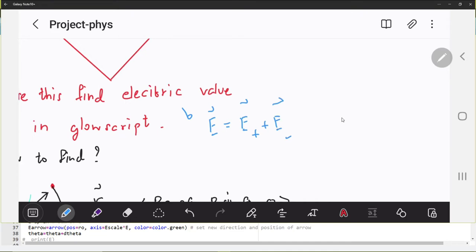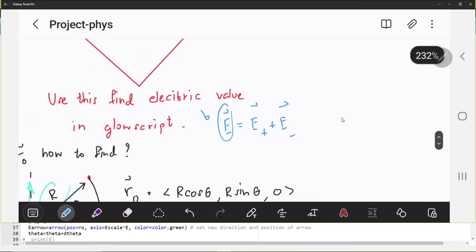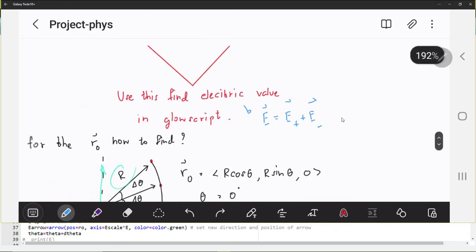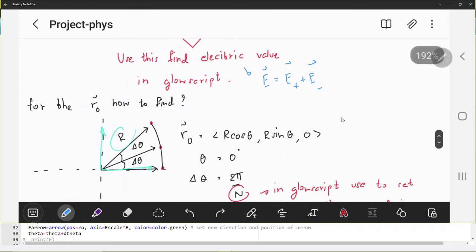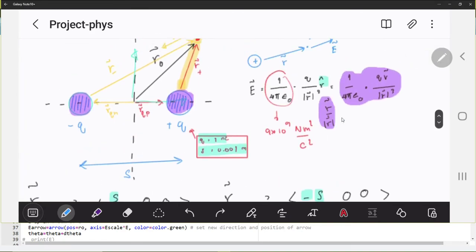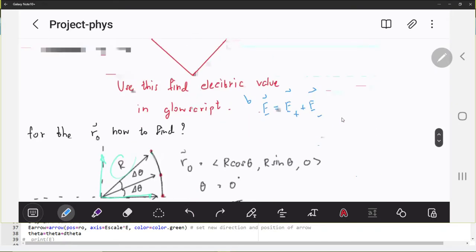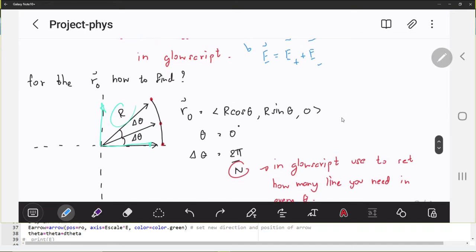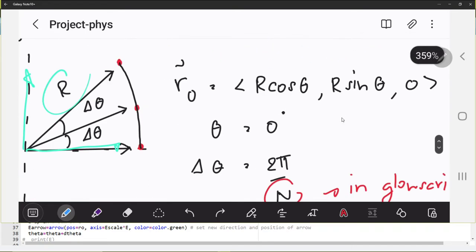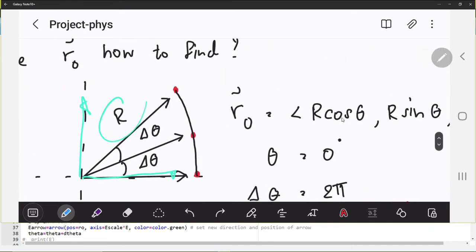Okay, you have to find this to plot and show the positive, and to plot the graph. Okay, and how to find RO? This one is the main one that we want. Okay, RO is defined by this. Compare with theta, because theta is used in a circle, right?